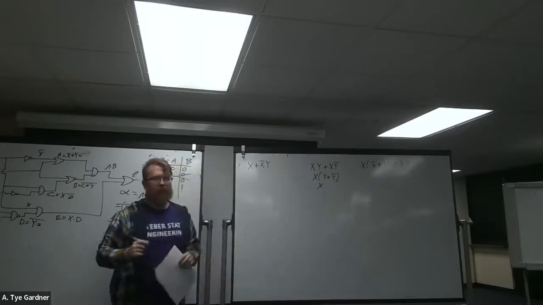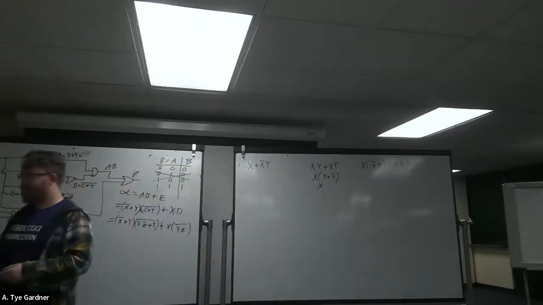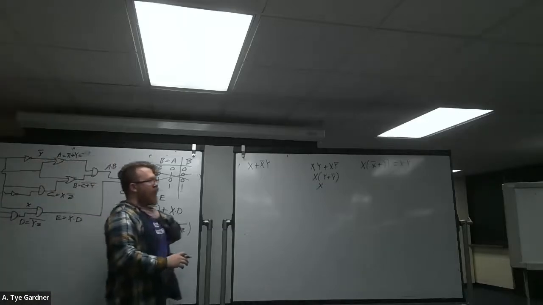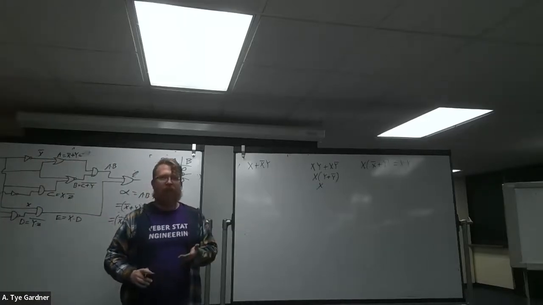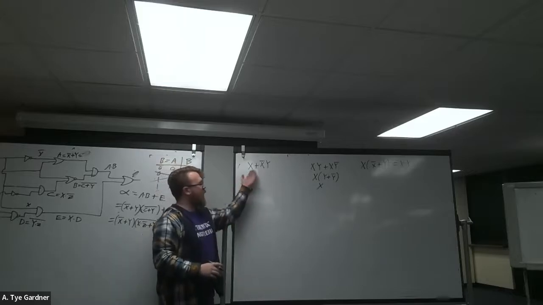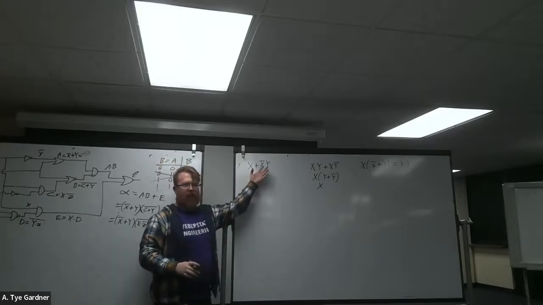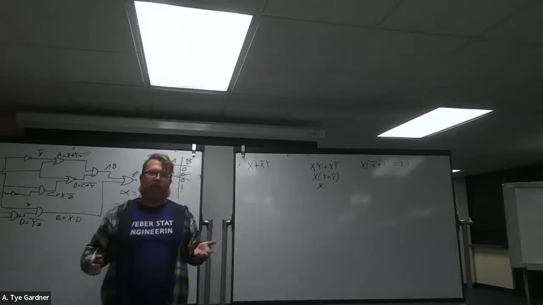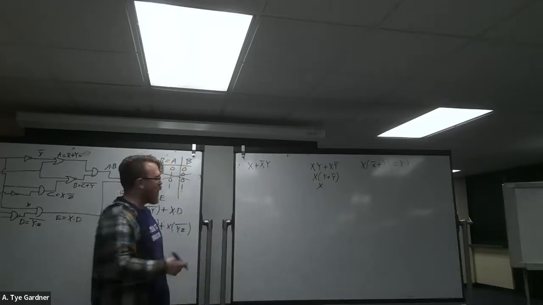x or (not x and y). Now, this one starts to feel like you should be able to simplify it. But we're like, well, I can't factor out x because I have x and not x, so I can't factor. But what we can do is a truth table. Truth tables tell us what things are supposed to do.